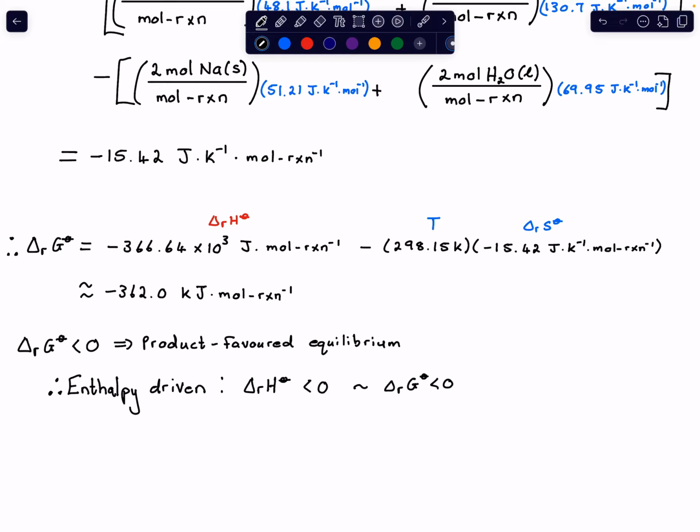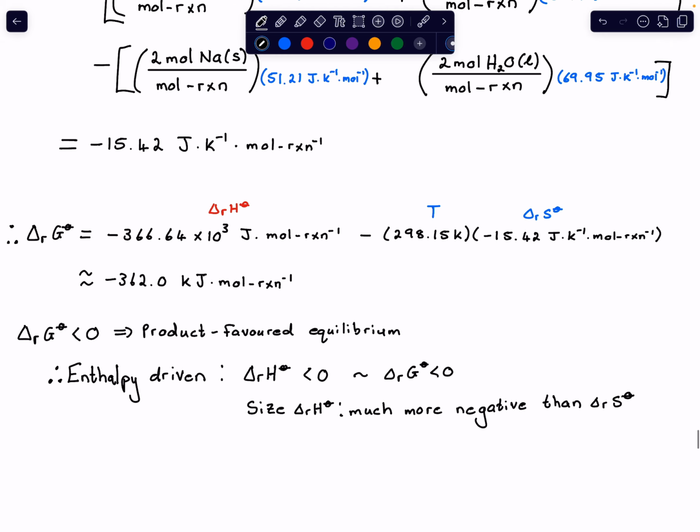Secondly, the magnitude of delta RH naught is much more negative than delta RS naught.